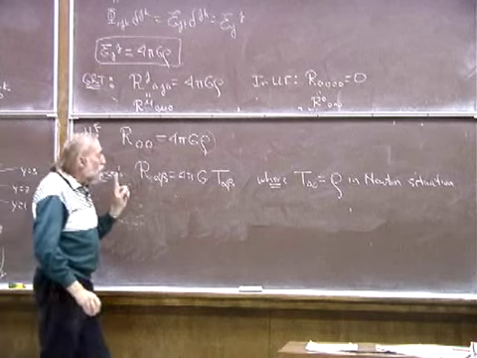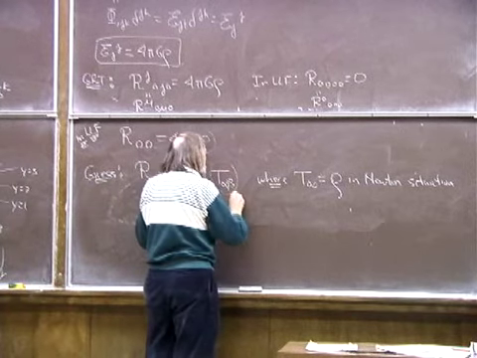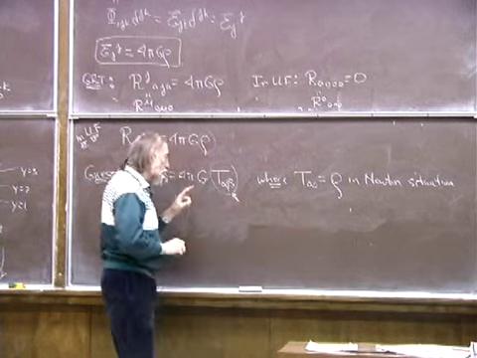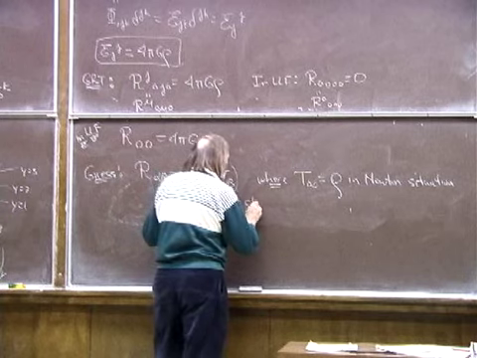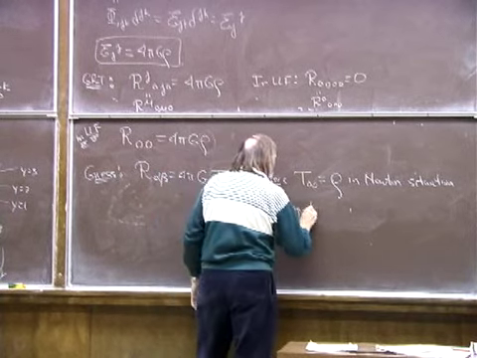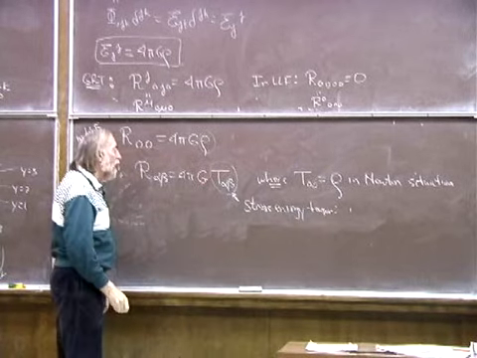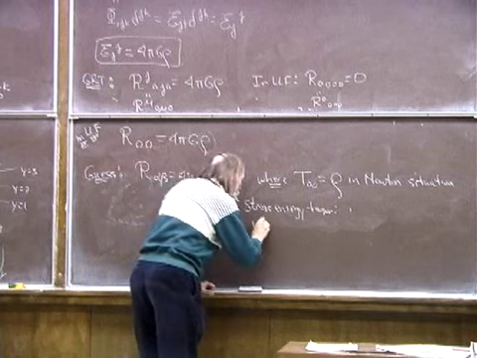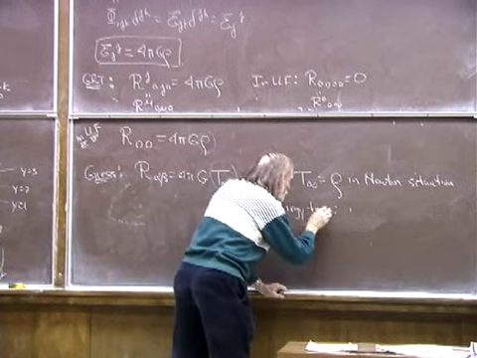Well, I'm going to let you read about this quantity. I'm not going to lecture about it, at least at this point in the course, but just leave it for you to read about. This is, in fact, something called the stress energy tensor. It's a tensor that has the property that in a local Lorentz frame, T, let me put the indices up.